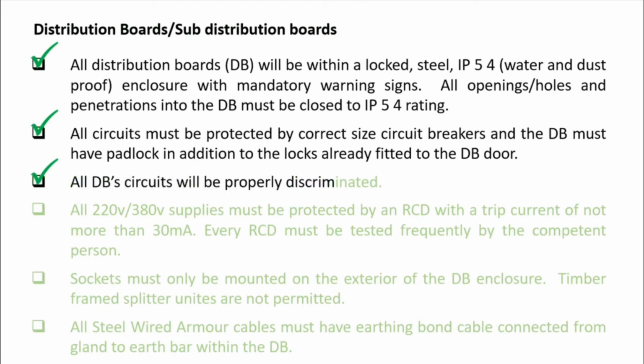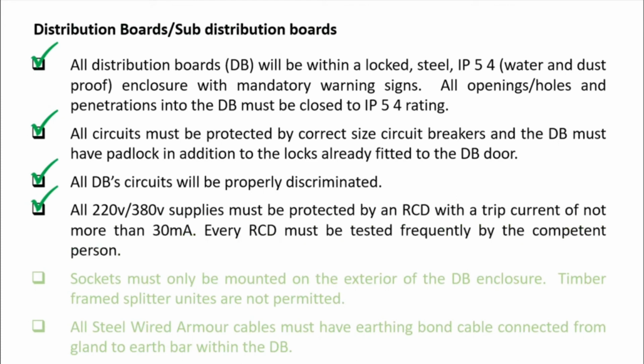All DB circuits will be properly discriminated. All 220 volt, 380 volt supply must be protected by a residual current device with a trip current of not more than 30 milliampere. Every residual current device or RCD must be tested frequently by the competent persons or the technicians.